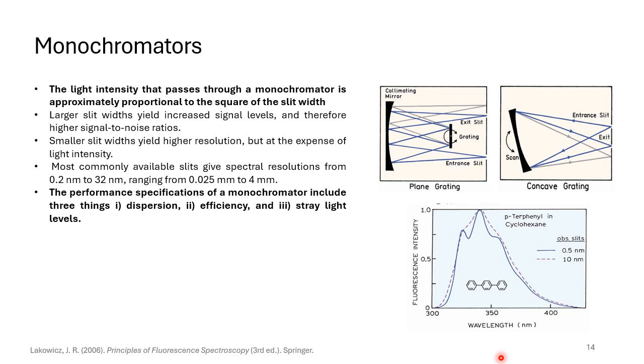These concave gratings can have few reflecting surfaces, so they lower the stray light and can be more efficient. They can serve as both a diffraction and a focusing element, so they are more preferable for fluorescence microscopy.